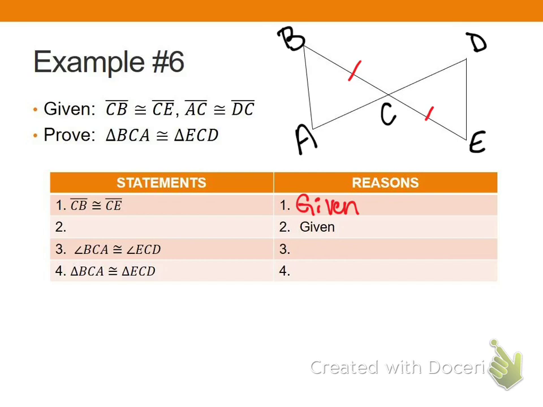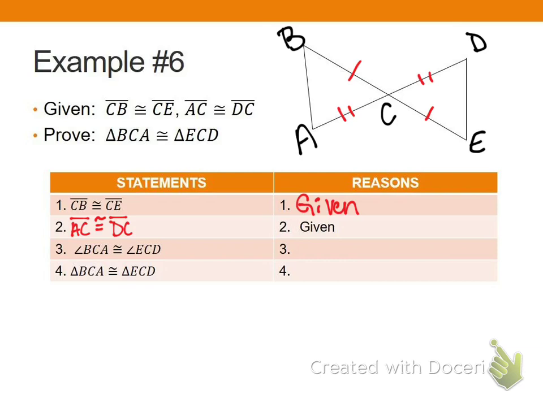Step 2, their reason is also given. So what other given information have we not stated yet? Good. AC congruent to DC. So we can mark those.